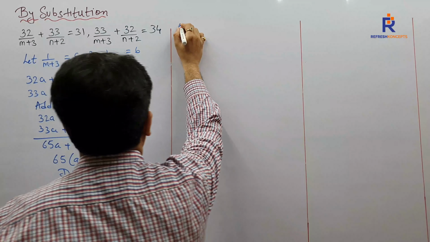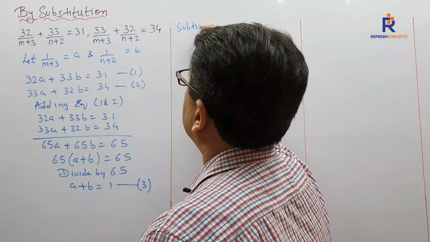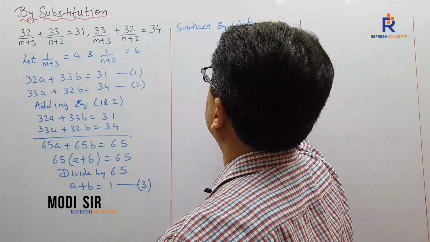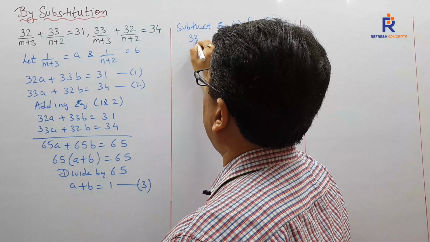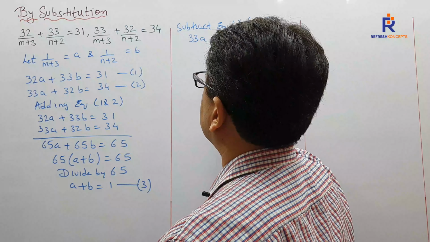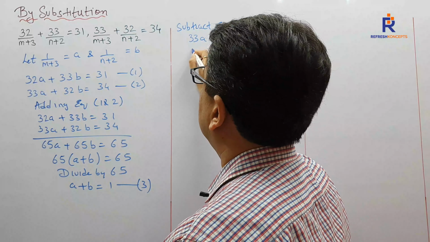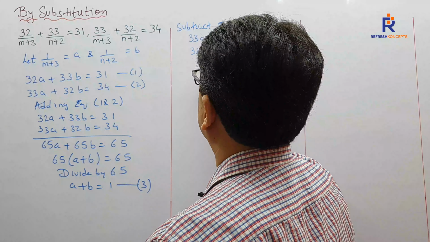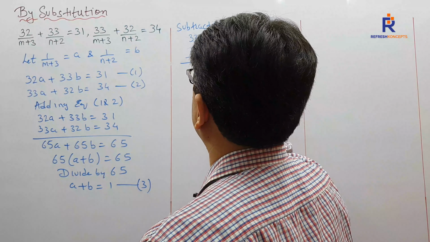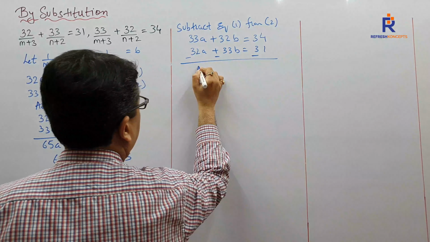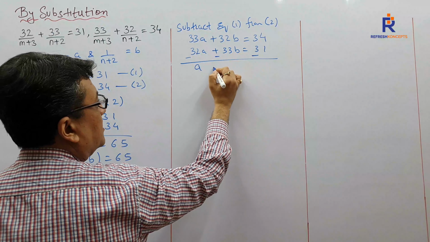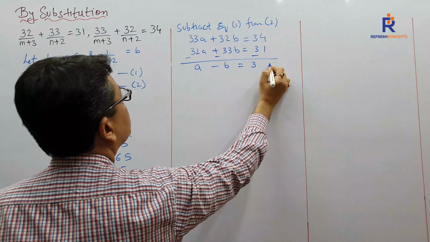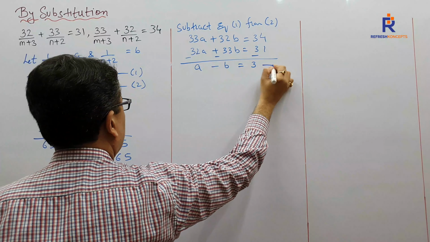Next, subtract equation 1 from 2: 33a, 32b, 34, minus 32a, 33b, 31. When I subtract, the sign changes. 33 minus 32 is simply 1a, plus 32 minus 33 is minus 1b, 34 minus 31 is 3. So a minus b is 3. This is my equation number 4.